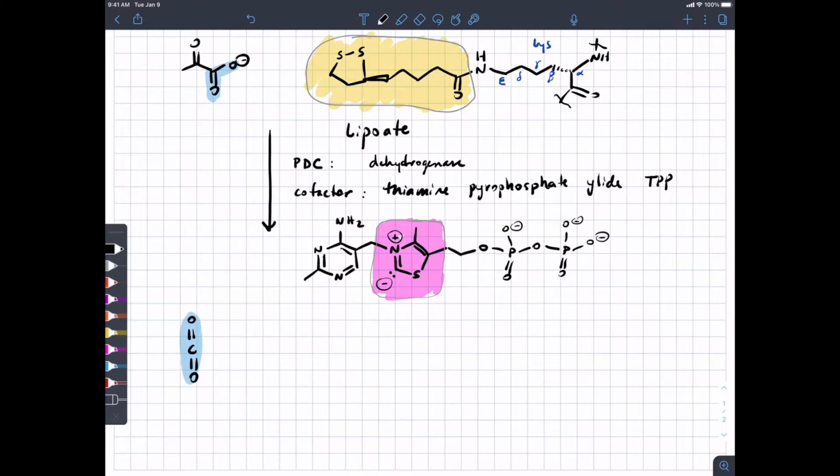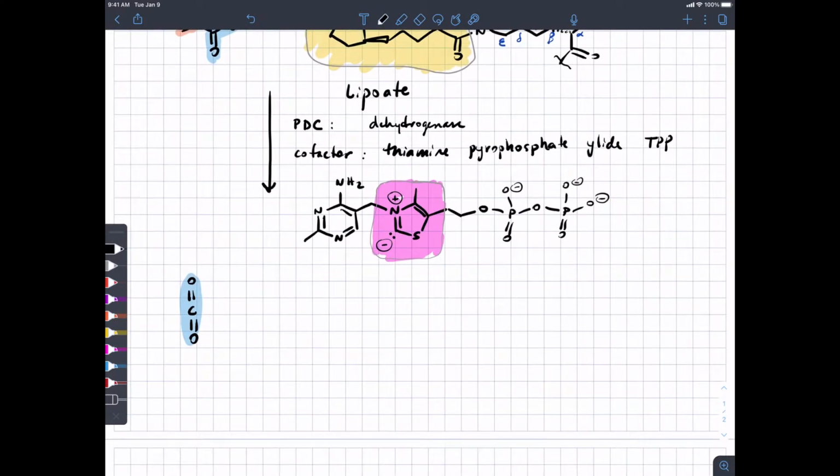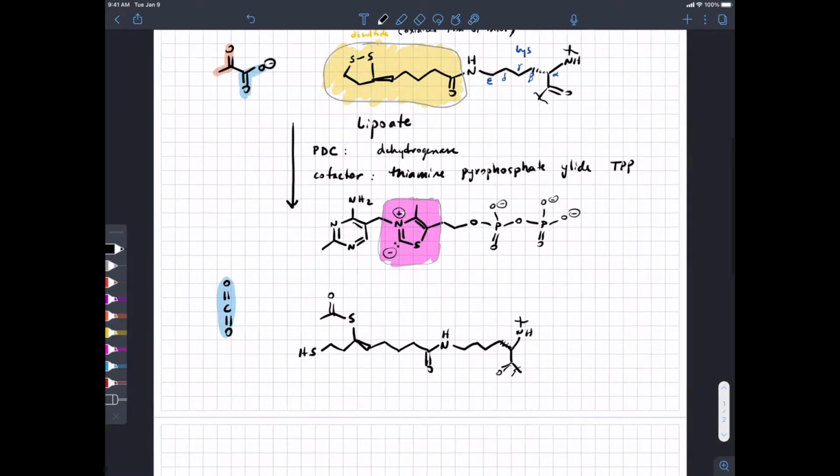And then the remaining atoms in pyruvate are going to end up here. Okay, so the remaining atoms of pyruvate end up right here.